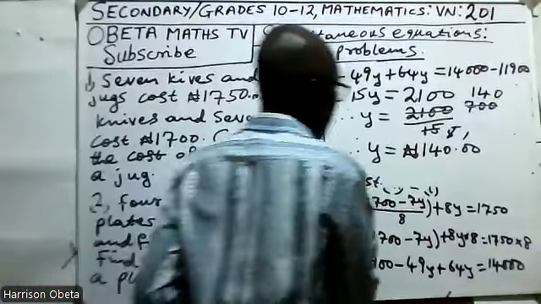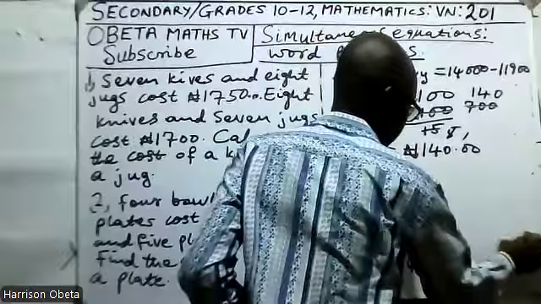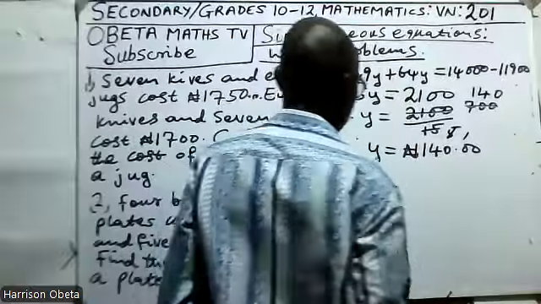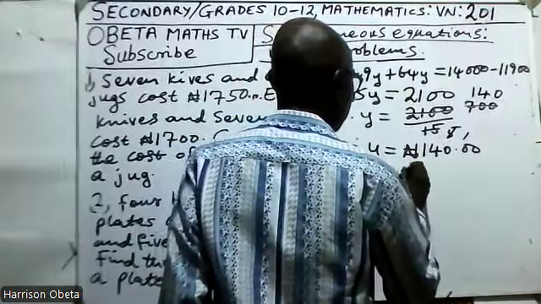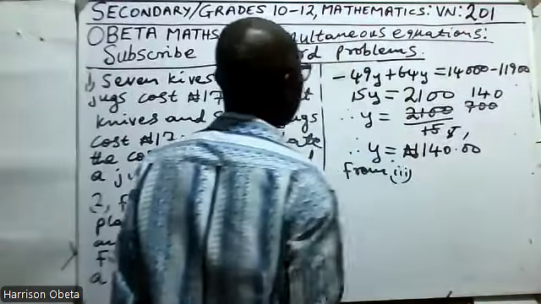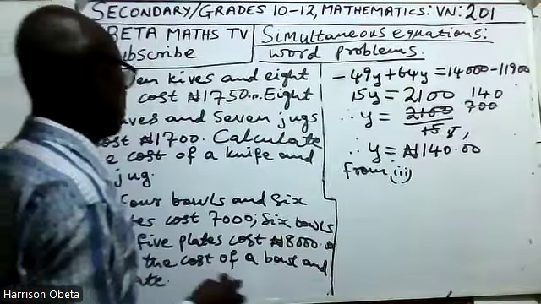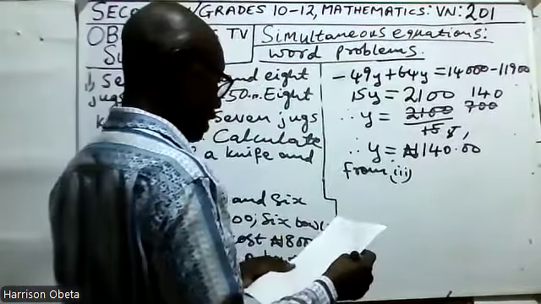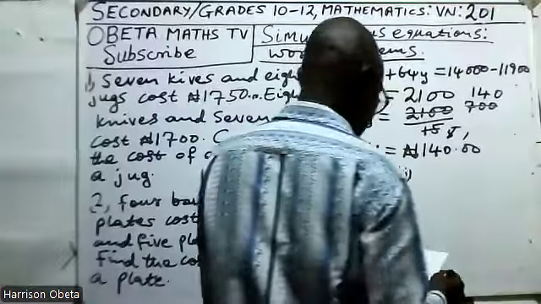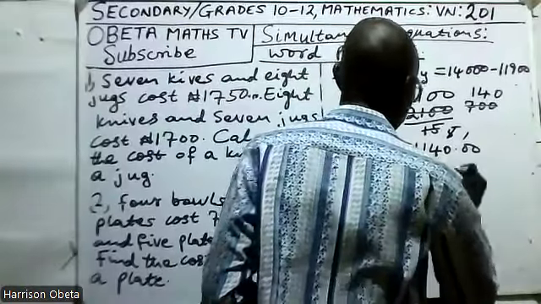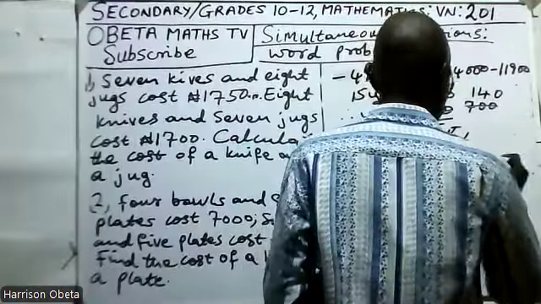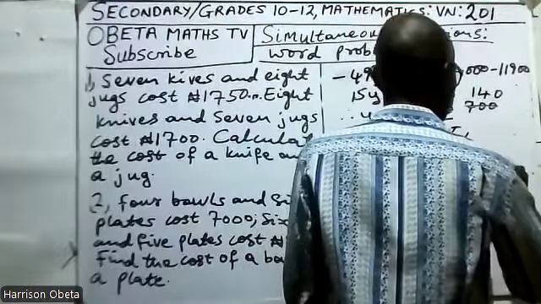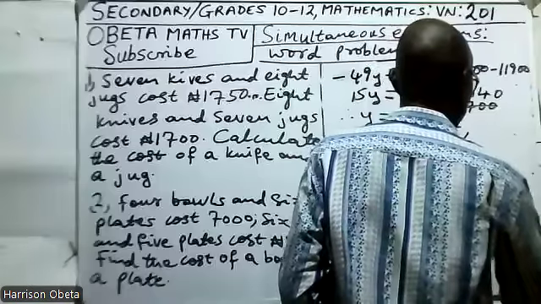Okay, we go back. So we can continue by saying from equation 3, we know that x is equal to 1700 minus 7y all over 8.